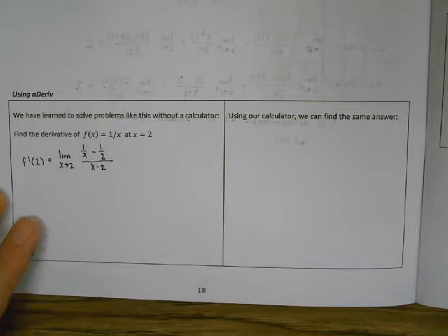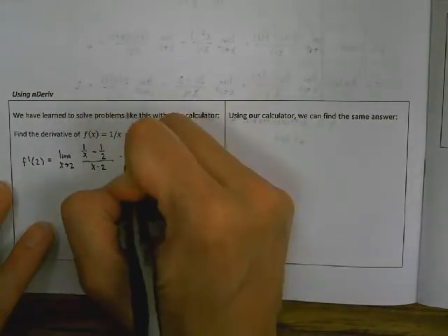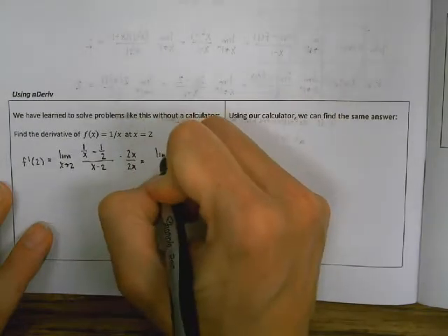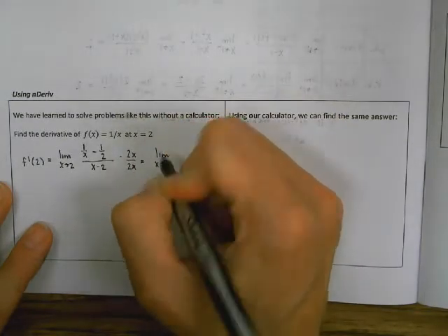And so now I'm going to do some algebra to get rid of that fraction. So I'm going to multiply top and bottom by 2x. And so I have the limit as x approaches 2.